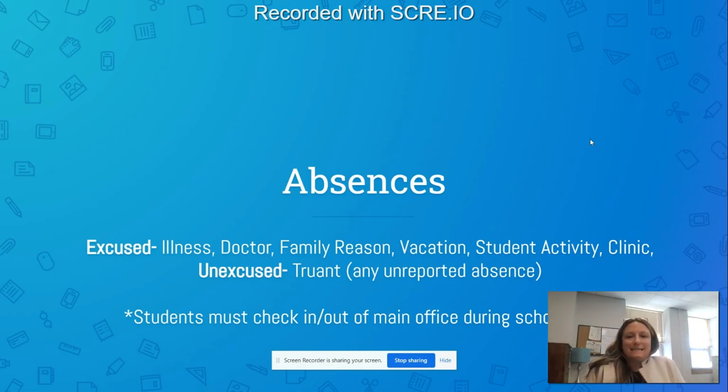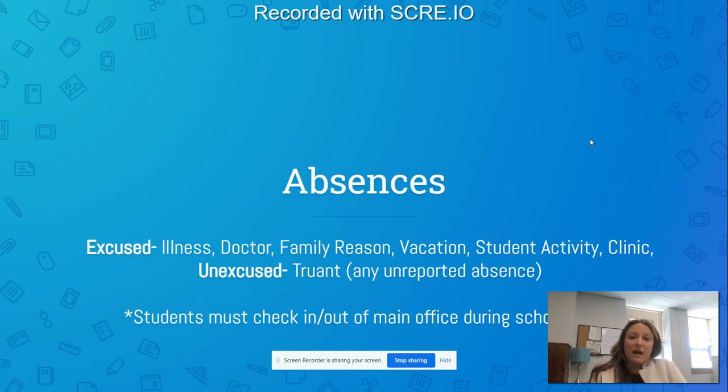So let's say you had something going on in the morning and you're first arriving in third or fourth period, or even during the lunch period. If you are not arriving immediately prior to first period, if you're arriving at any other point of the day, you should be checking in through the main office.